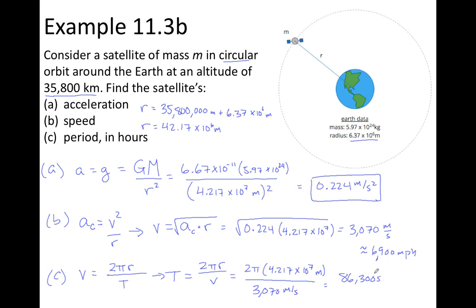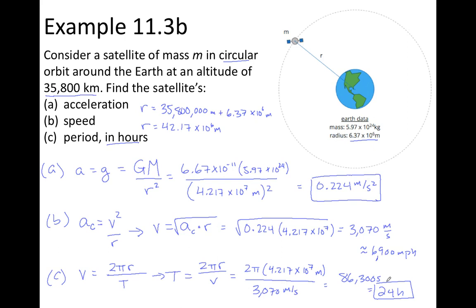And what's special about that period in hours is exactly 24 hours. And why is that an important period? Well, because that's the period of Earth rotating on its axis. That's a day.